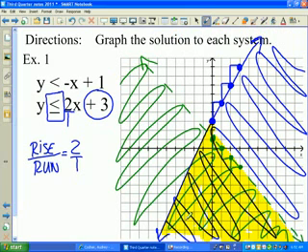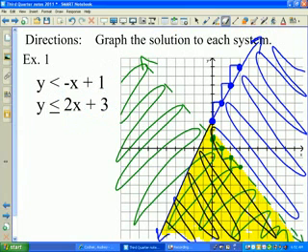So if you notice, right in this area, everything is overlapping. That's telling me any point that I pick within that highlighted area is going to satisfy both of these inequalities.